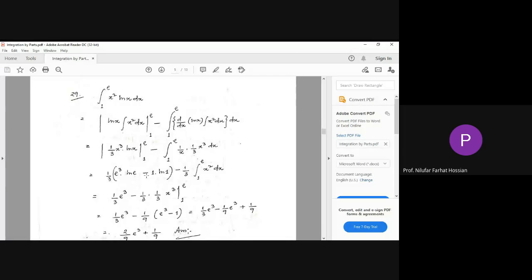Now comes the definite integral. Just a minute. So this is a definite integral.